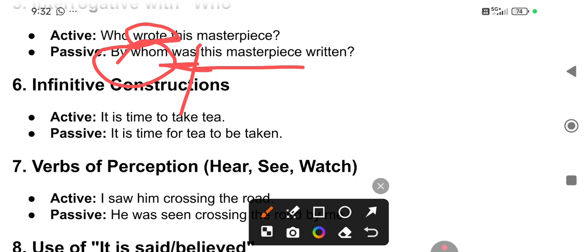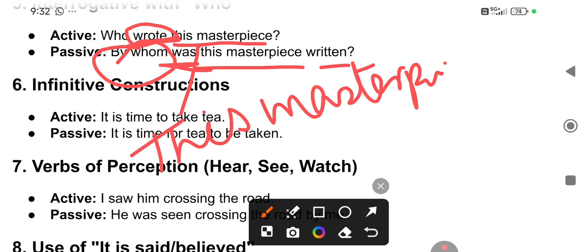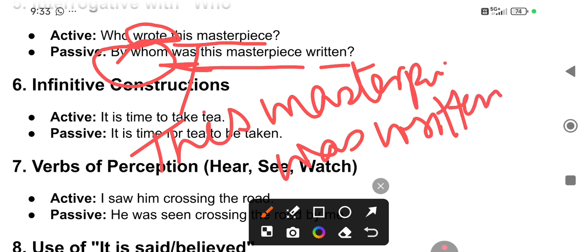Now this masterpiece written, actually the sentence is like this: this masterpiece was written, and by whom.